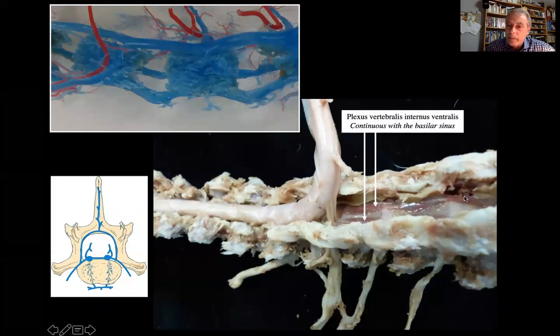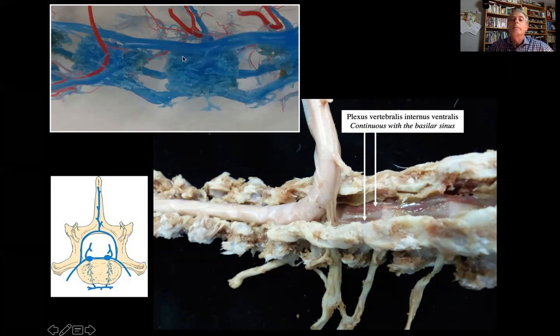So remember, this plexus venosus is formed by two big veins, okay, that run on the floor of the vertebral canal. And what I have said before, this plexus is connected with the external ventral venous plexus through the basivertebral veins. Here there is a corrosion cast where you see one of these plexus, venosus vertebralis internus ventralis, and here you have the basivertebral veins, and all these veins that fill a vertebral body.